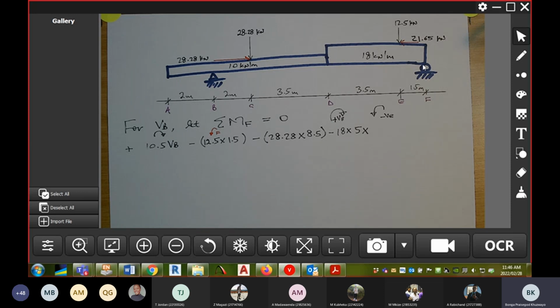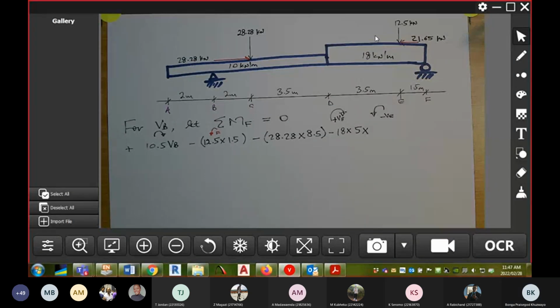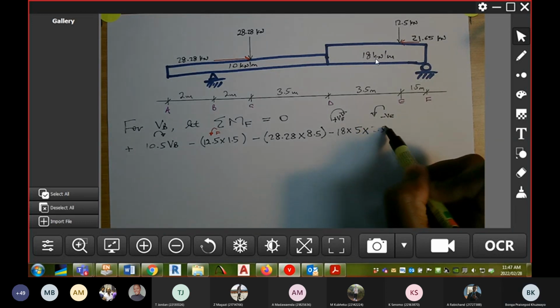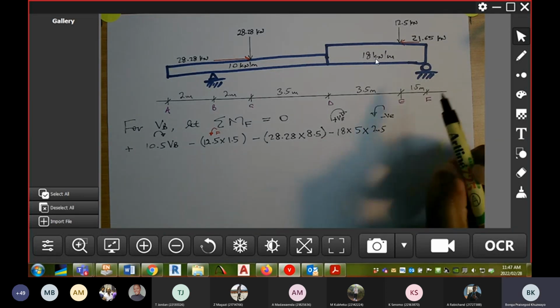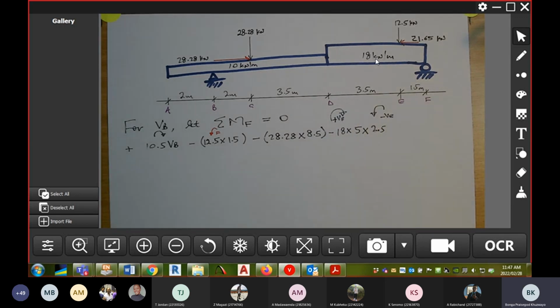We're taking moments about node F. What is the lever arm for that UDL? 2.5. Okay, so it's 2.5. So the 3.5 plus 1.5 divided by 2.